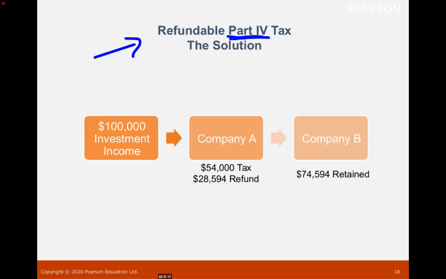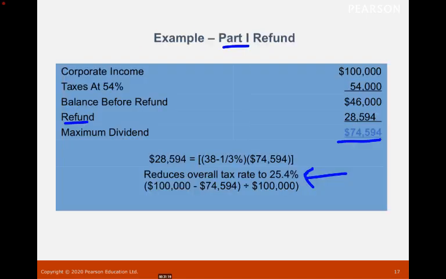There's $74,594 retained. Exact same numbers as this example. So again, this is the dividend amount that's available because the refund has given us back $28,594. Without this, we would only have $46,000 in the bank.